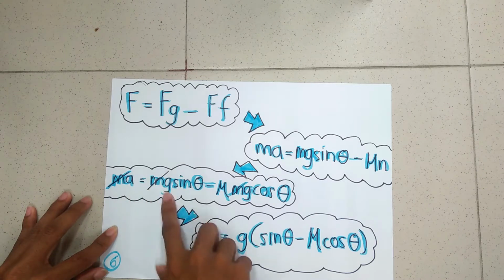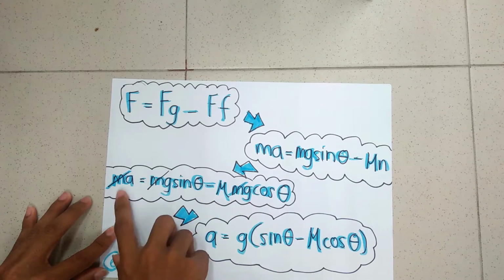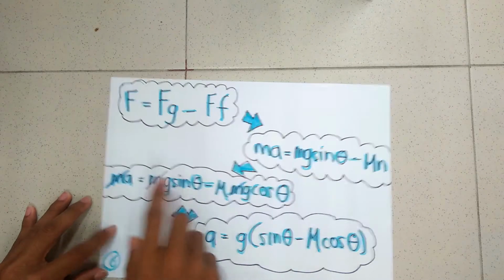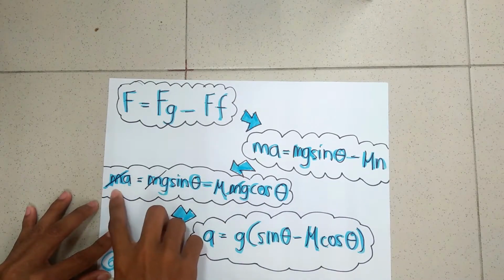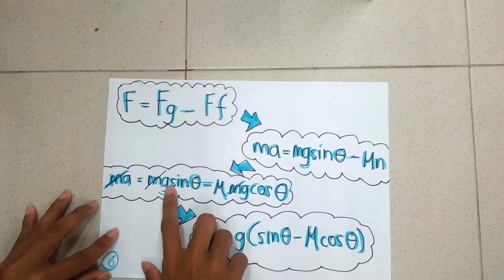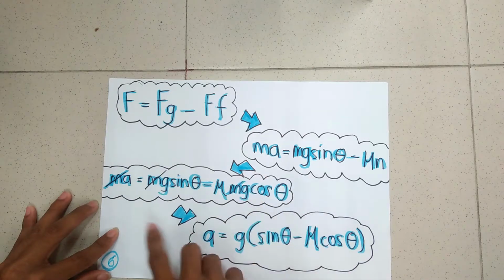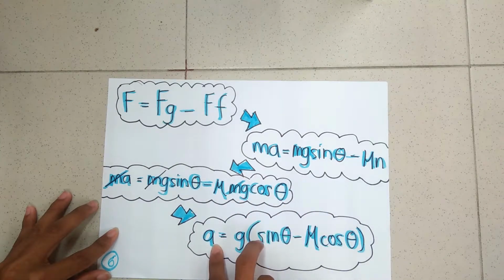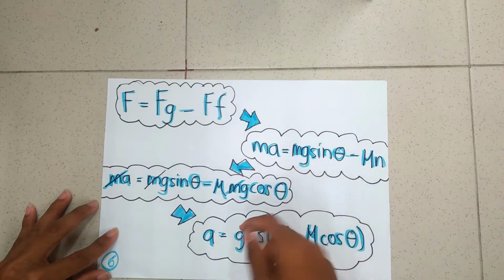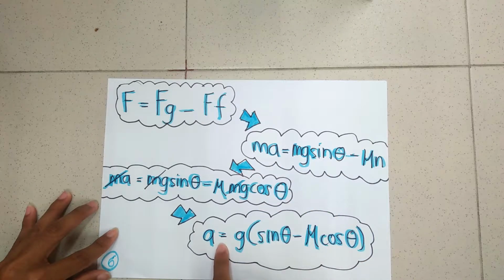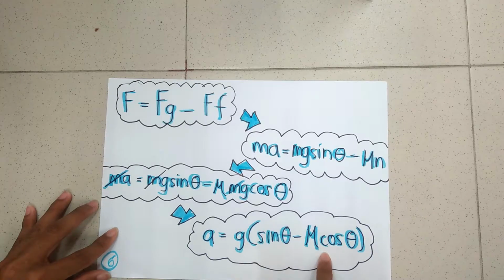We can cancel out the m because the m on the right side and the left side are the same. So then we can conclude the formula to find the acceleration: a equal to g (sin theta minus mu cos theta).